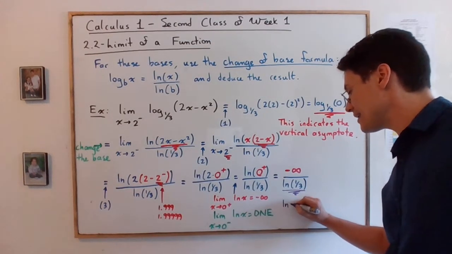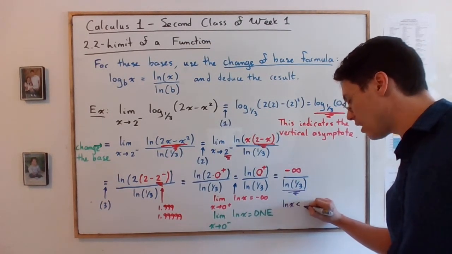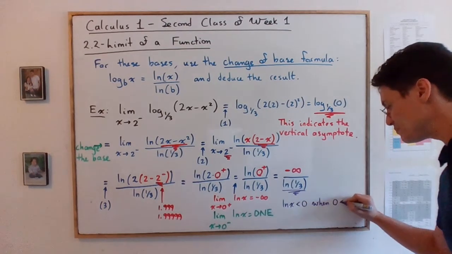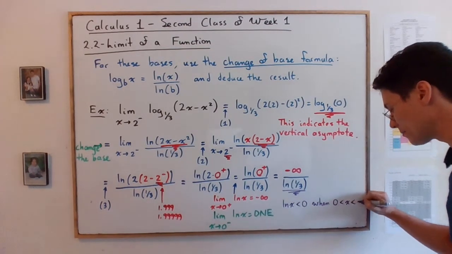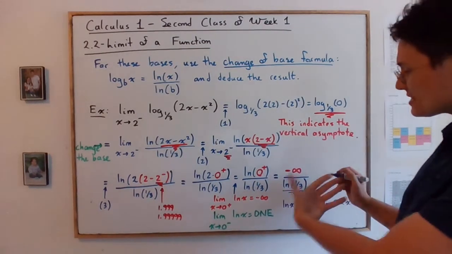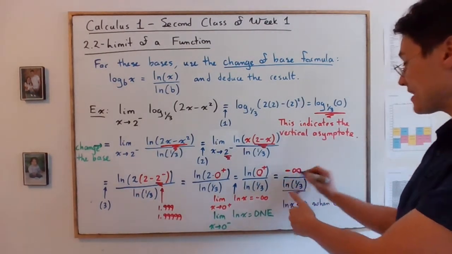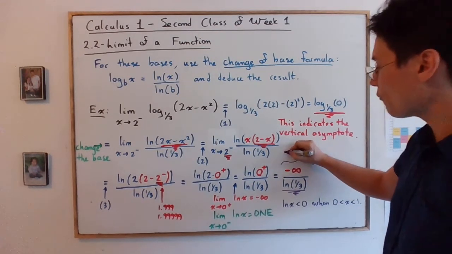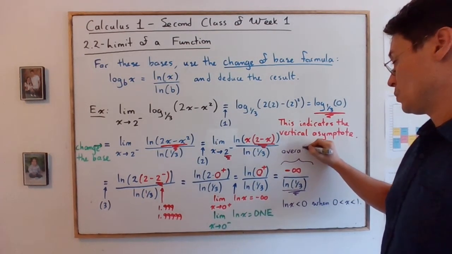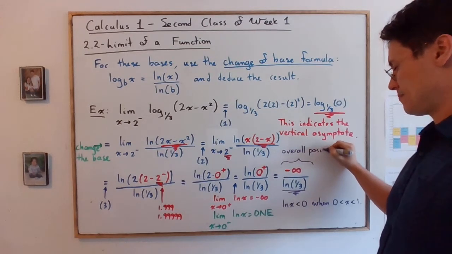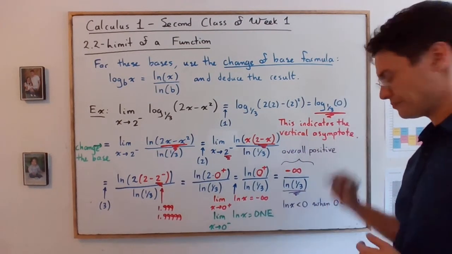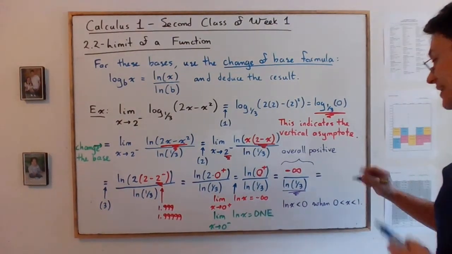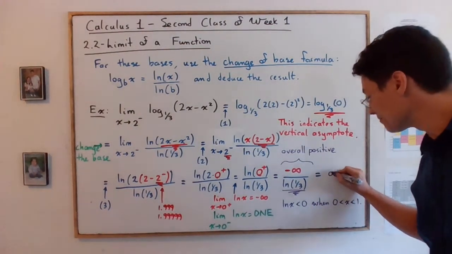So ln of x is smaller than 0 when x is between 0 and 1. So this means that this is negative. When you look at the entire thing, the sign is overall positive. And as a result, the final answer is infinity.